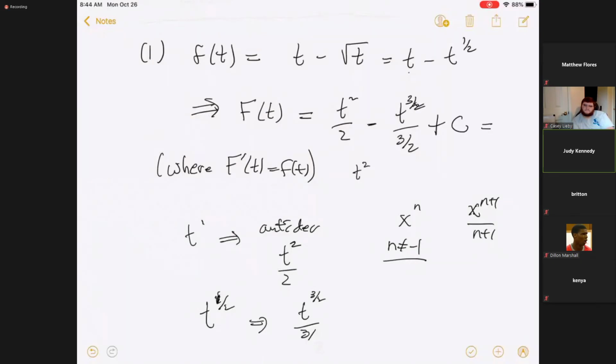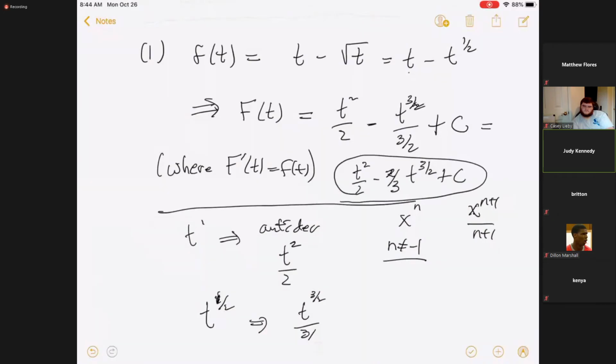So t squared over 2, that t to the 3/2 over 3/2 would be 2/3 t to the 3/2. So there's your antiderivative. Pretty straightforward.